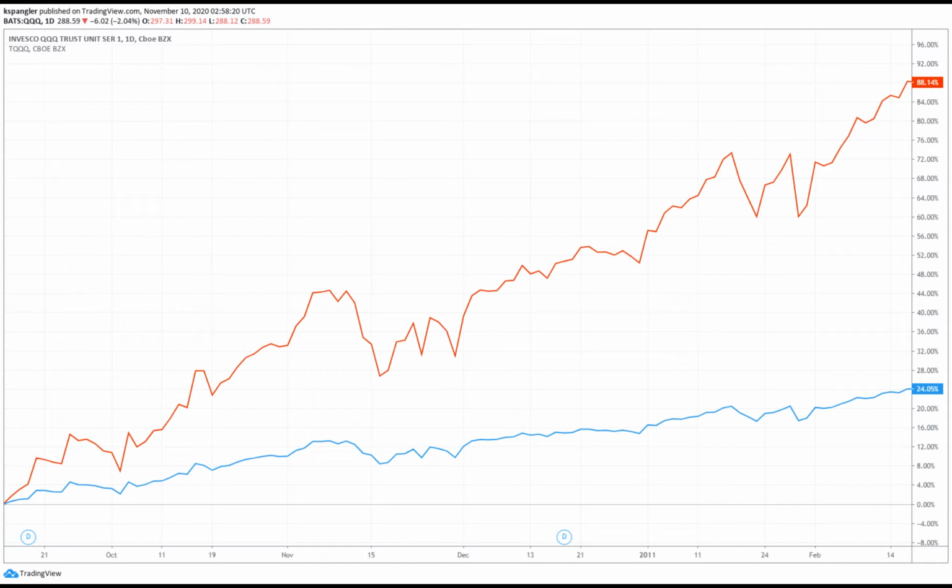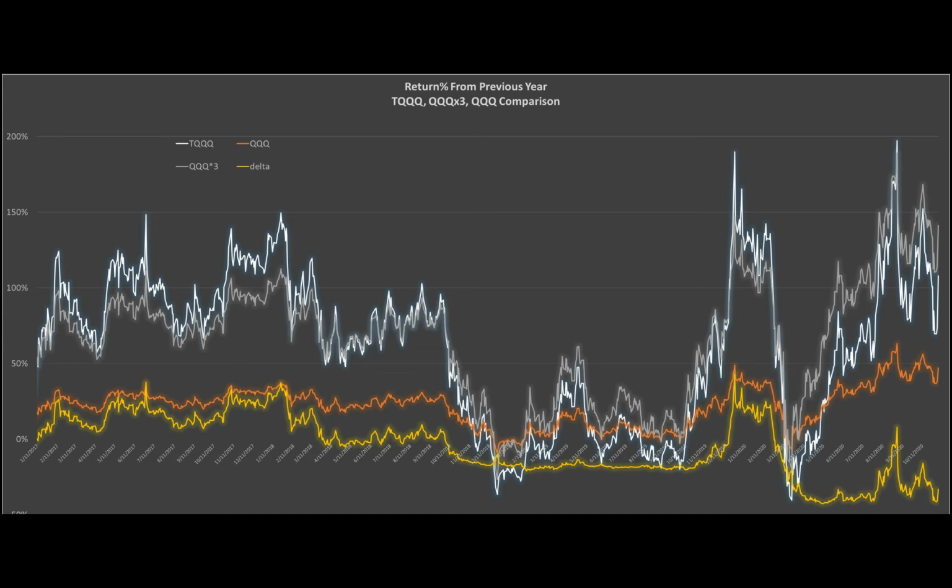But what we want to look at here is the times that it doesn't really do that. Sometimes it will outperform 3 times what the NASDAQ return is, and other times it does not perform as well. This graph shows a comparison between TQQQ and the returns of QQQ from the year previous. The white line is TQQQ.